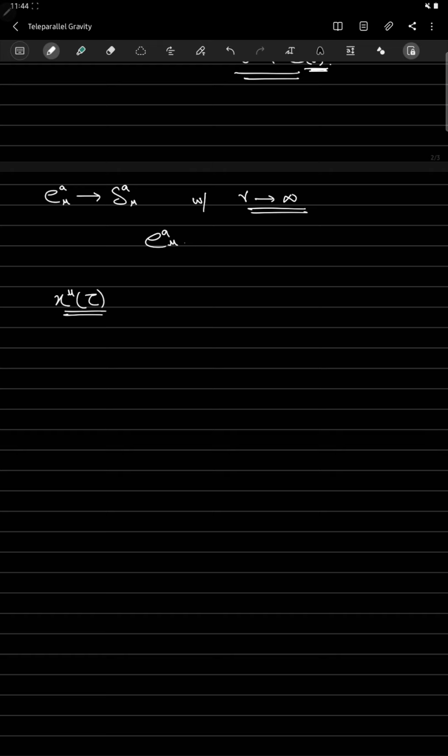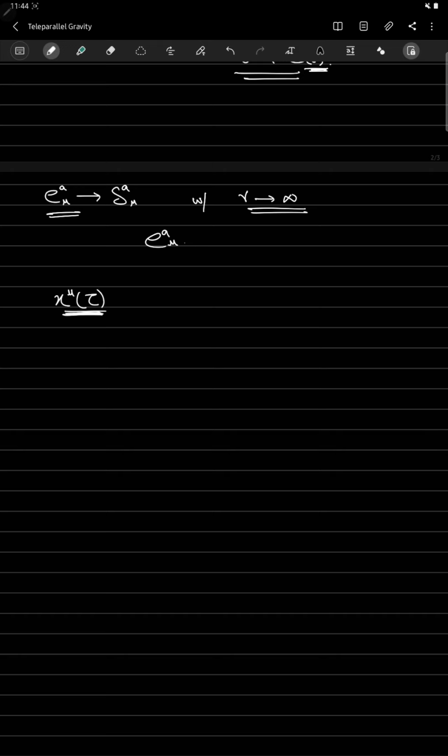And as I have shown, the acceleration of the whole frame is determined by the absolute derivative of this e mu a, right? And it is along this path that is defined with this x mu of tau.